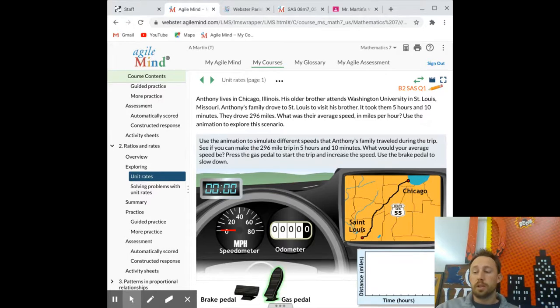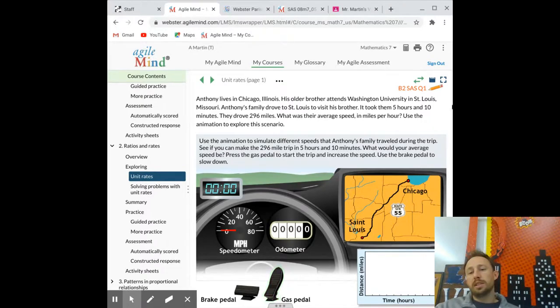So, in today's lesson, our objective is that we can understand and apply the relationship among factors in rate problems and use rates and proportional reasoning to solve real world problems, including consumer situations. Based off of what Devin just said, we're going to see what happens in our scenario.